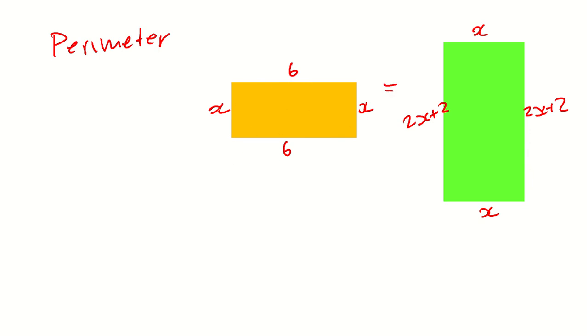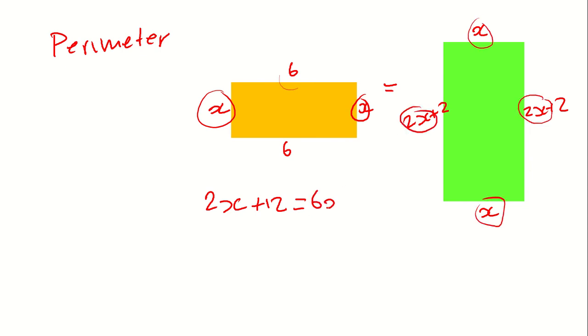So the orange shape, I have 2 x's, and 6 plus 6 is 12. On the green shape, I have 1, 2, 3, 4, 5, 6x, and then I have 2 plus 2 is 4. So the perimeter is the sum of all the sides.